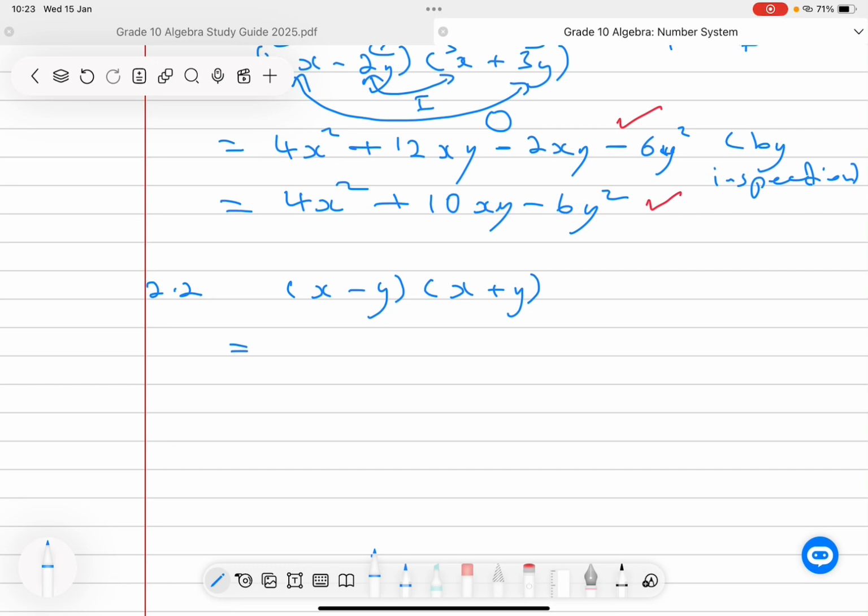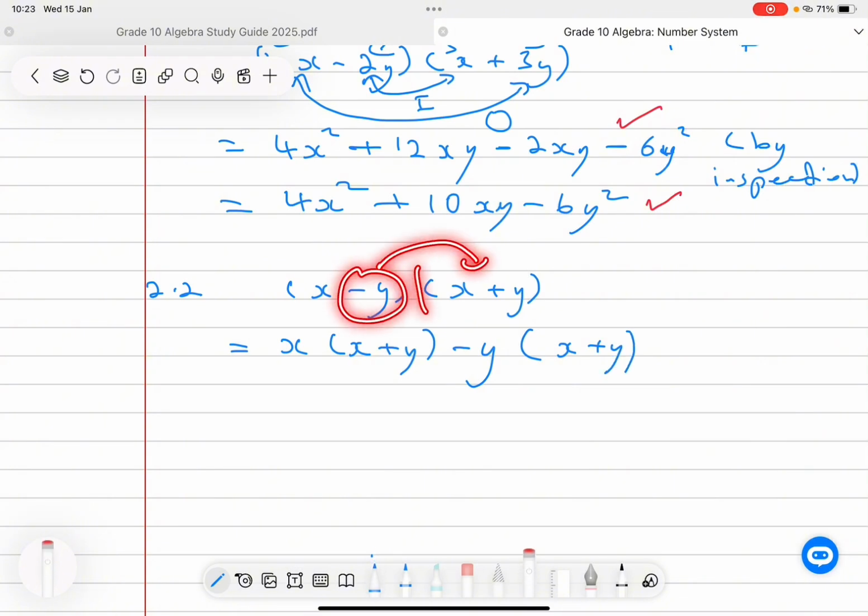Again, the first thing that you'll naturally think here is to isolate the x, to say x multiplied by x plus y, right? So I'm saying this x multiplied by the whole thing here. Then I'll isolate the y, negative y, and multiply with the x plus y. Again, I'm saying negative y multiplied by the whole thing here.